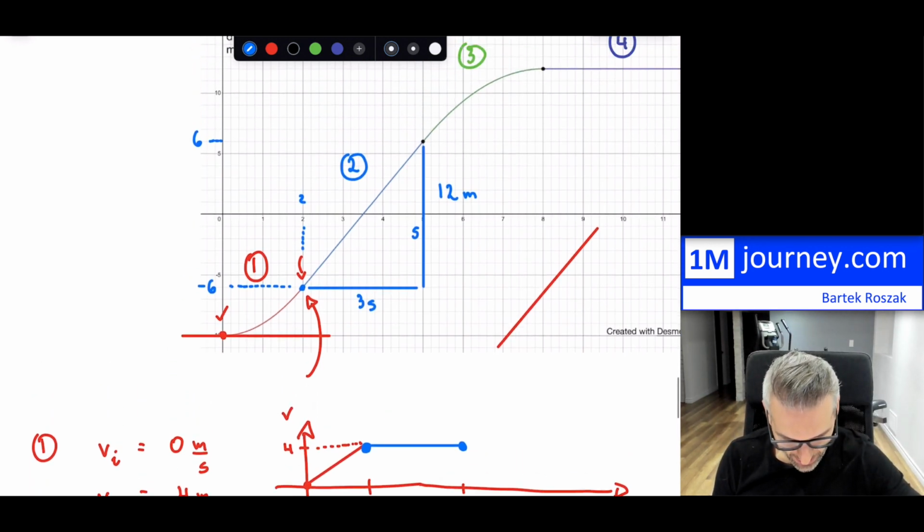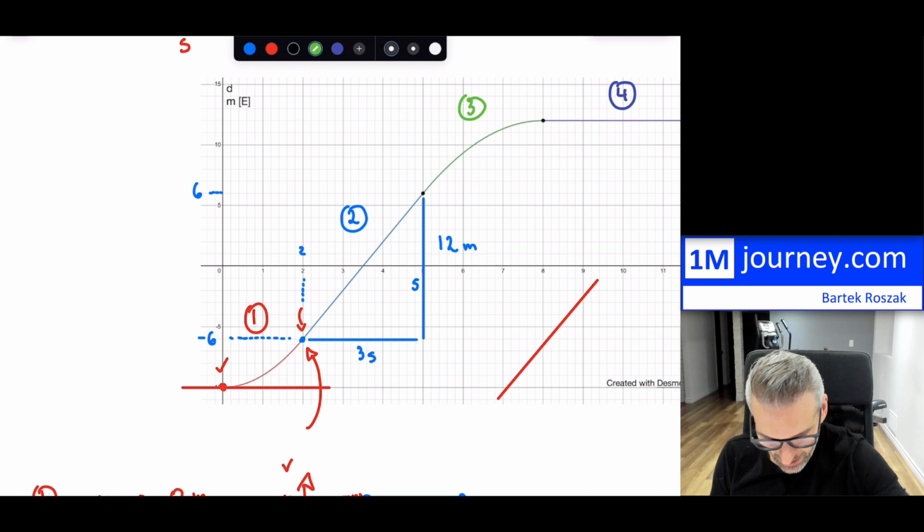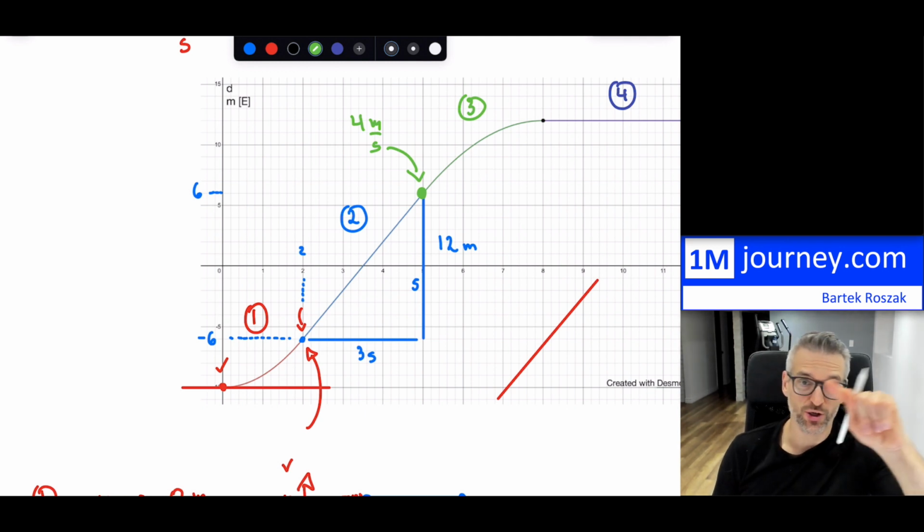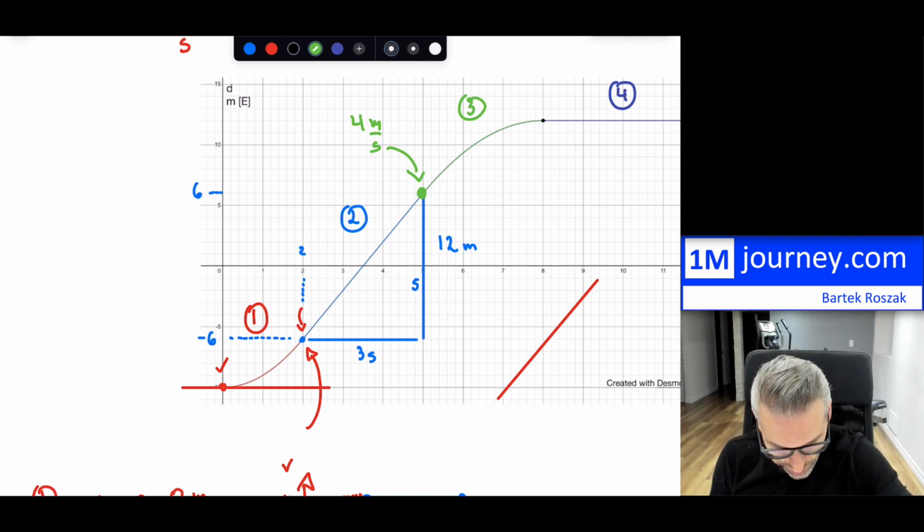Now, the next item is number 3. We already know what the velocity here is. This is 4 meters per second because we just got there. This is going to make our life very easy. Although there's a curve, all I need to know is the velocity at this point.